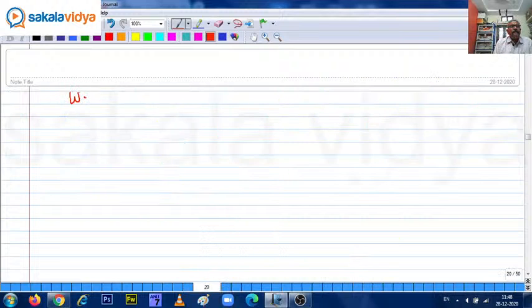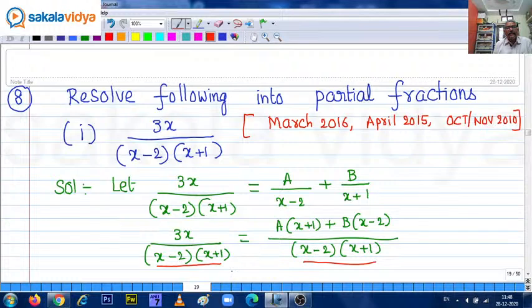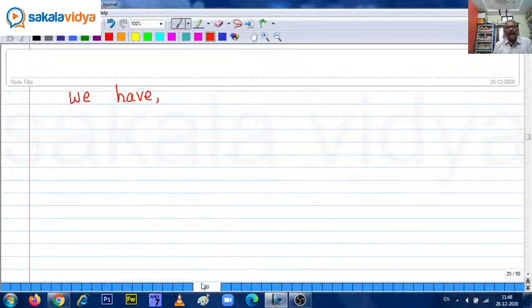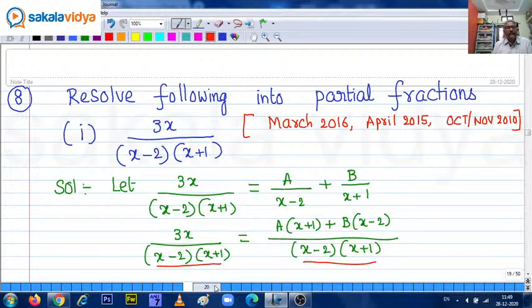We have a times x plus 1 plus b times x minus 2 equal to 3x.